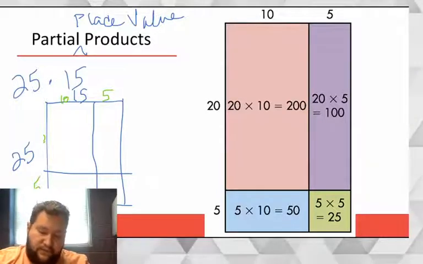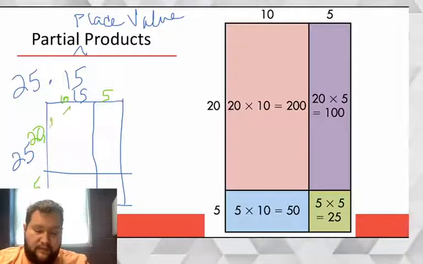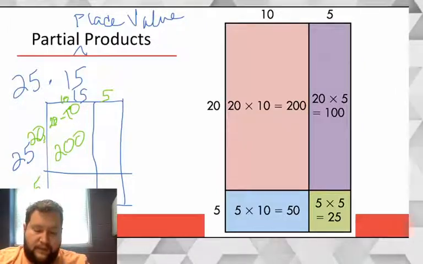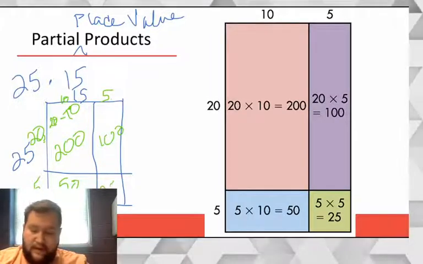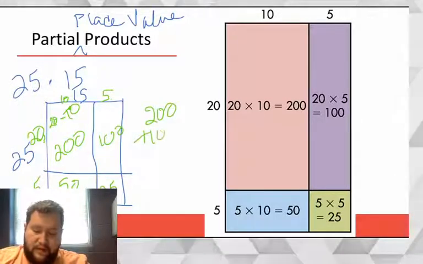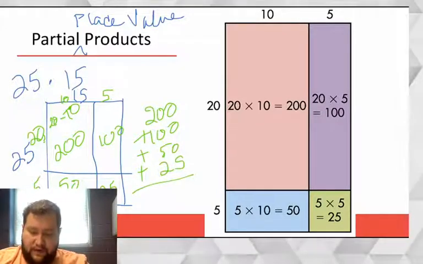So the first thing we do is 20 times 10, which is 200. 20 times 5, which is 100. 10 times 5, which is 50, and 5 times 5, which is 25. And then we say, well, it's 200 plus 100 plus 50 plus 25. And now we have relatively straightforward place value addition.